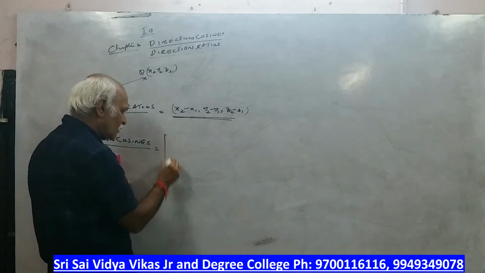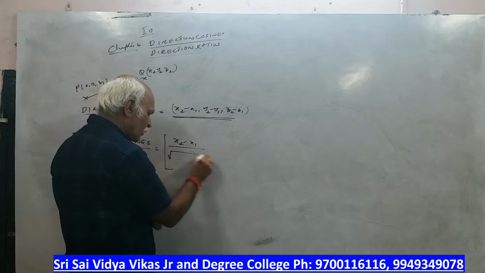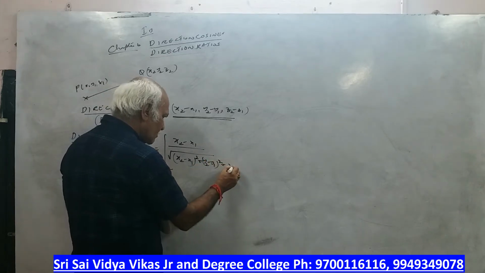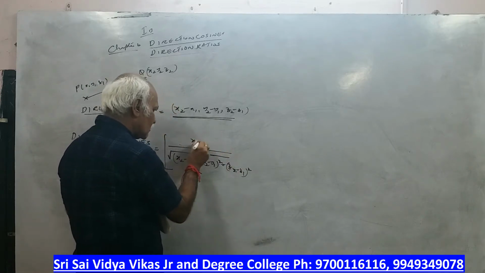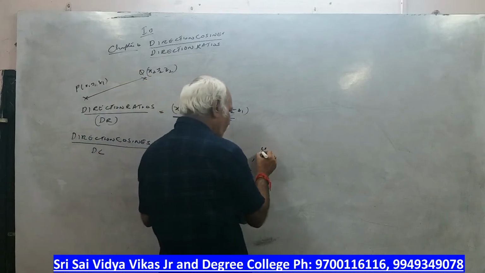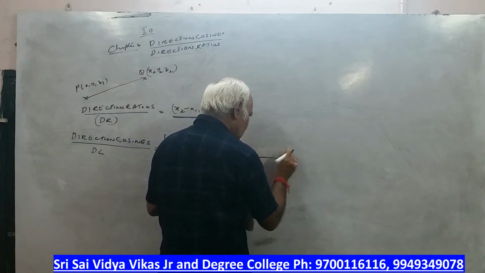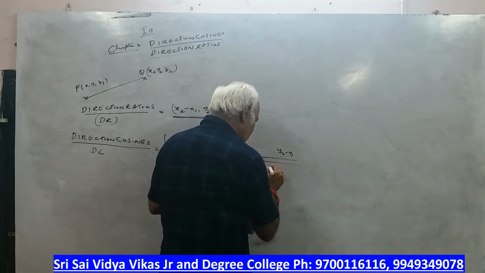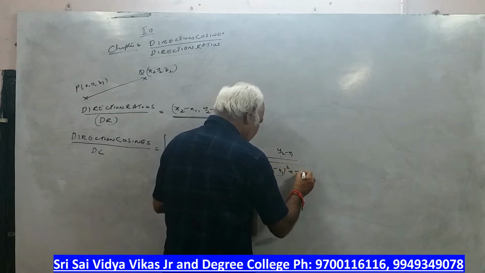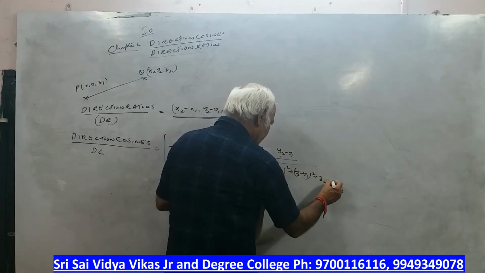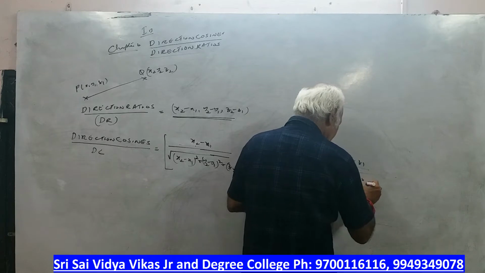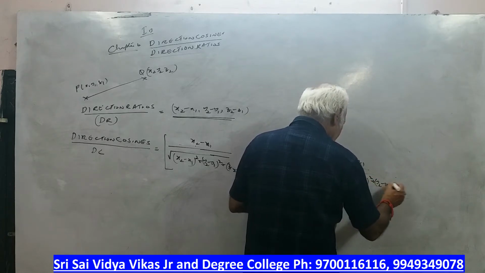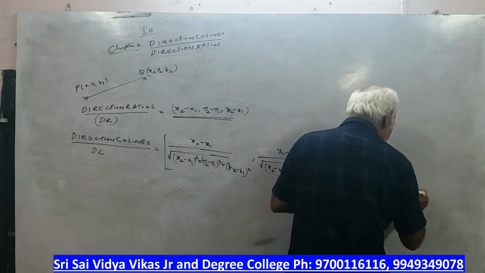This is given by x2 minus x1 by root of (x2 minus x1) whole square plus (y2 minus y1) whole square plus (z2 minus z1) whole square, comma, y2 minus y1 by the same root, and last one, z2 minus z1 by root of (x2 minus x1) whole square plus (y2 minus y1) whole square plus (z2 minus z1) whole square.